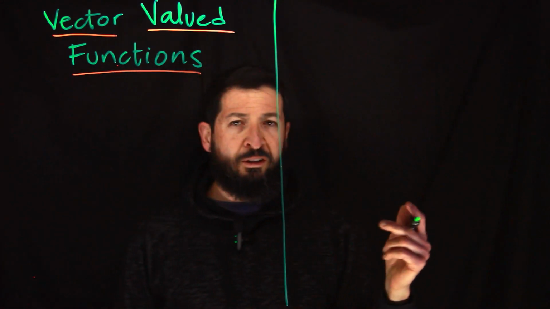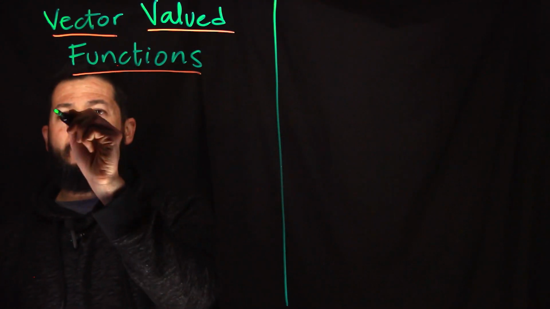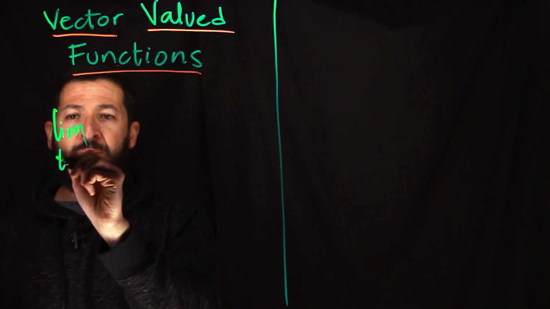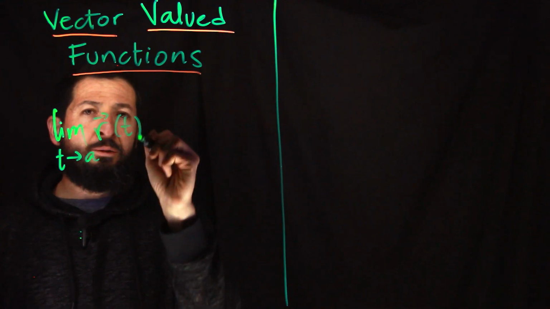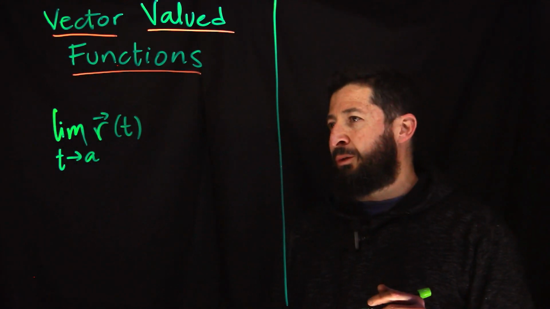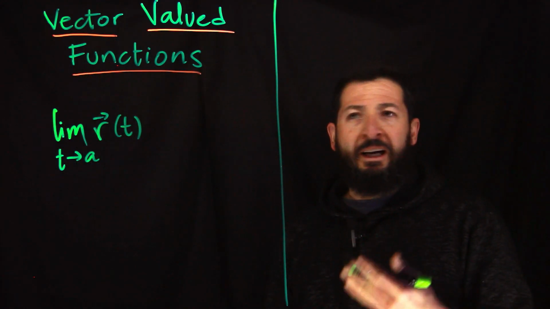So what kind of objects do you want the limit as t goes to a of r of t to be? What kind of objects firstly do you expect to have? Well, you would expect that that would be a vector.